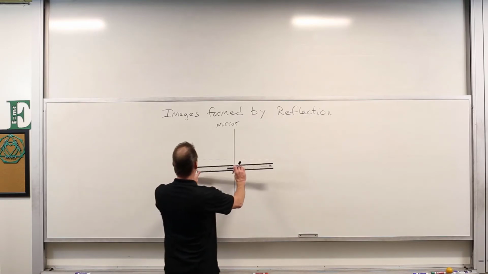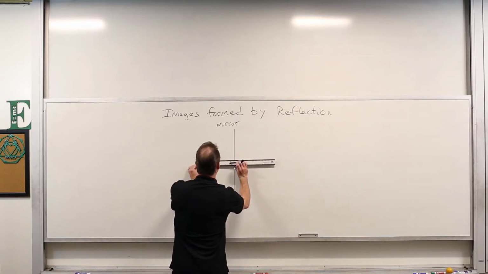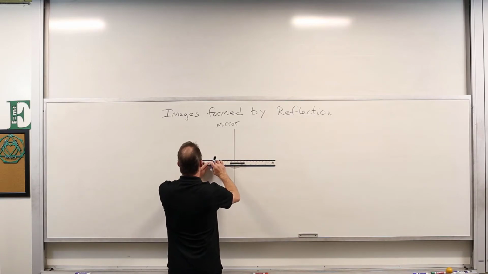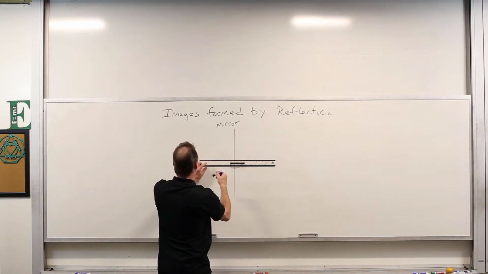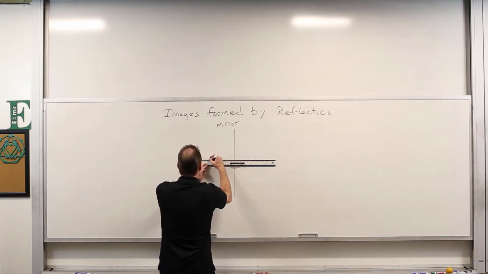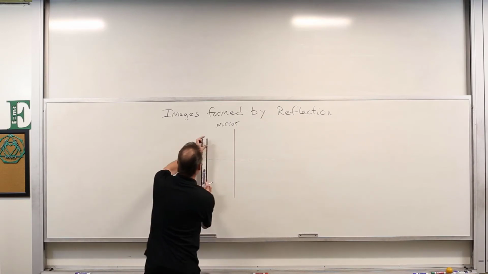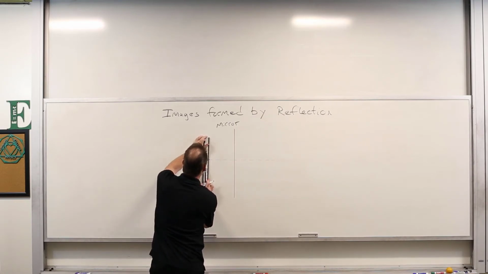So I'm going to go ahead and take an object that is 8 inches away from the plane of the mirror. It's going to be right there, and I'm going to draw it in so that it's on the principal axis, extended upward.